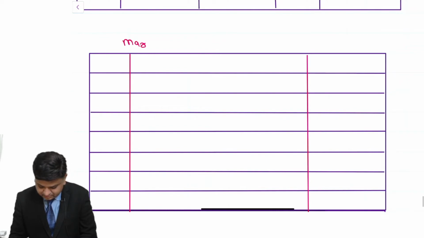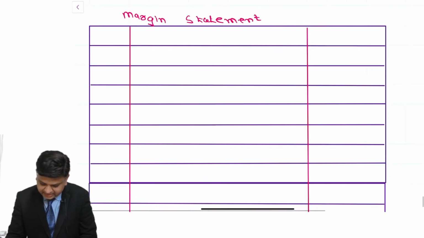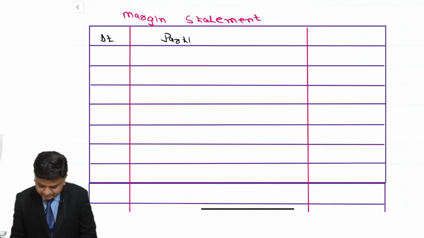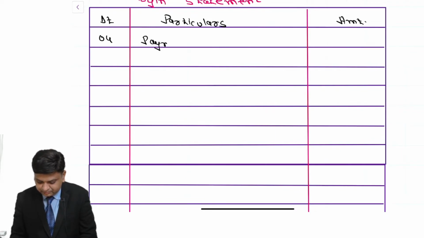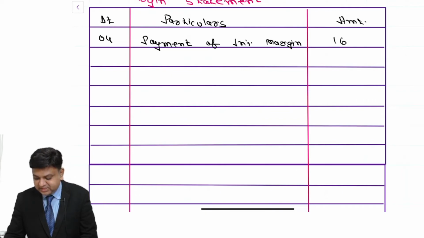Next is the margin statement. In that, column number 1 is date, column number 2 is particulars, third column is amount. So you start on 4th of February with the payment of initial margin. How much margin you are going to pay? 16,000.